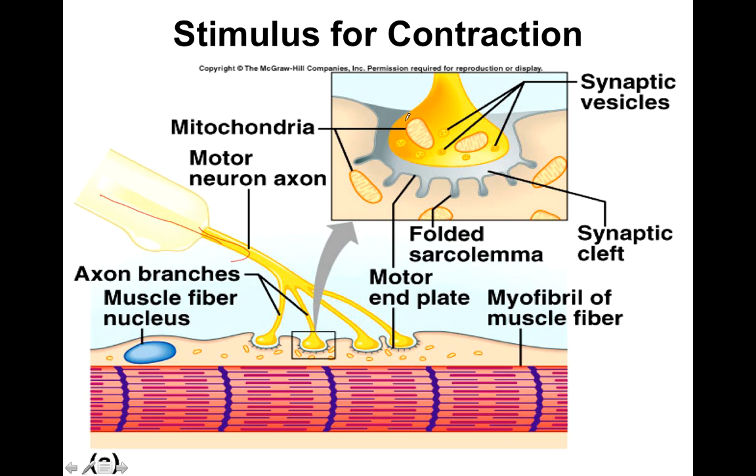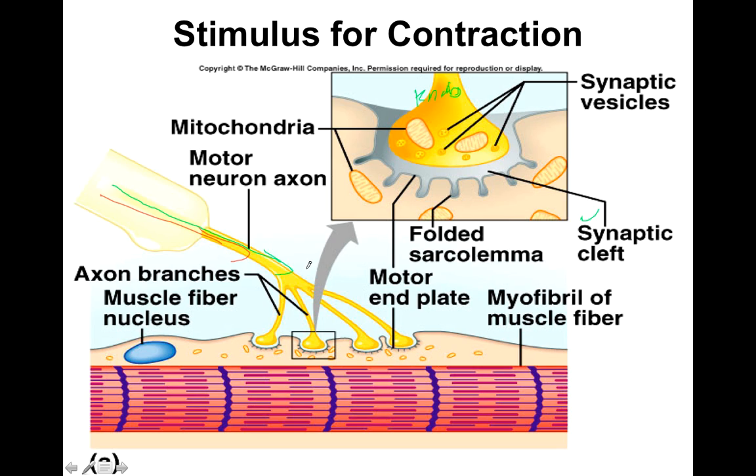So this is the motor neuron, and the end of the motor neuron is the synaptic knob. And where the nerve and the muscle meet, there's a small space. That small space is called the synaptic cleft. As the signal arrives, remember it's an electrochemical signal.